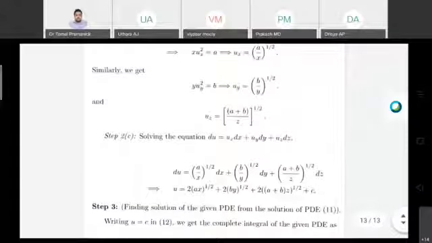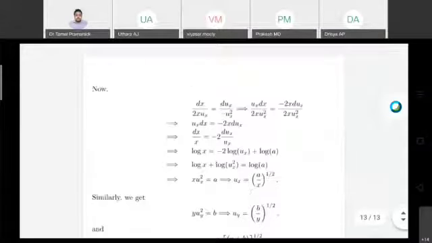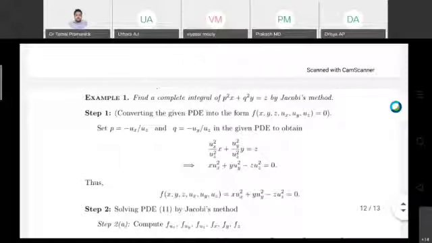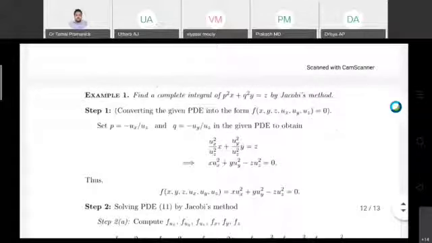So there are 3 constants, a, b, and another, because ux, uy, uz are present. As there are 3 differentials, there should be 3 constants.